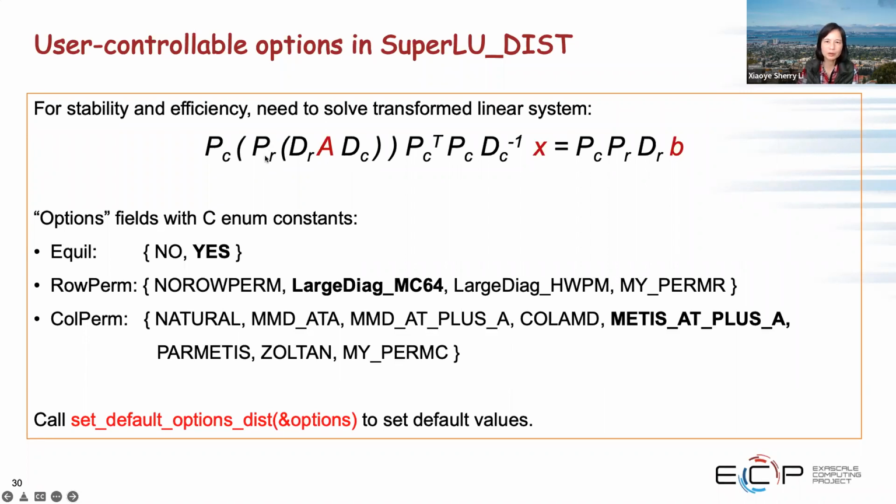In SuperLU, we use the row permutation for numerical pivoting. In STRUMPACK, it uses the column permutation, so this P_R is on the left, right here, for numerical pivoting, but it's the same idea. And then after the pivoting order is fixed, you run the sparsity-reducing symmetric ordering.